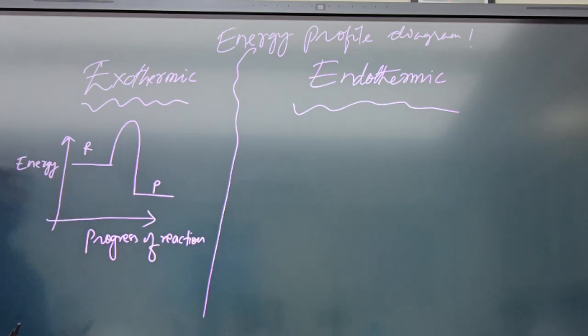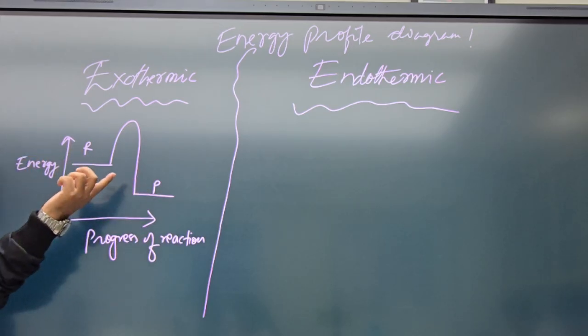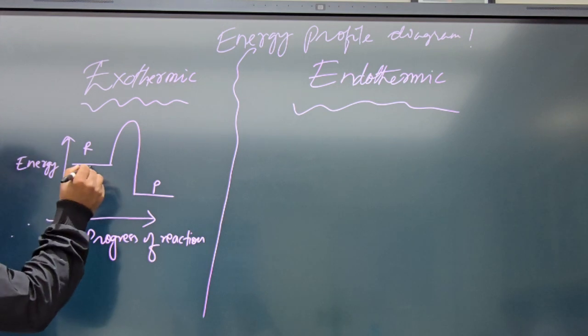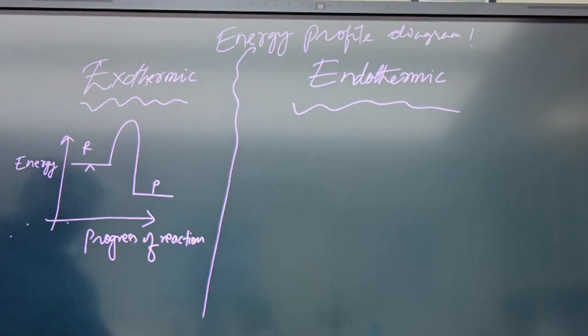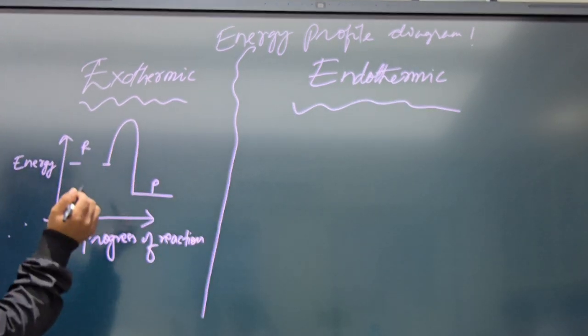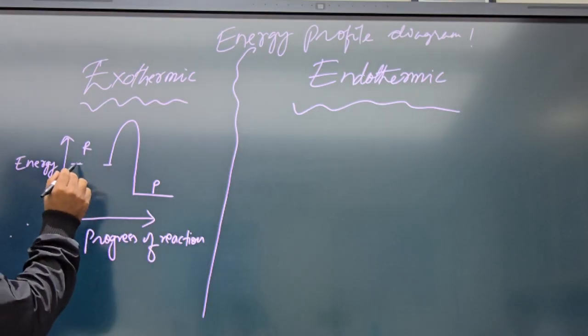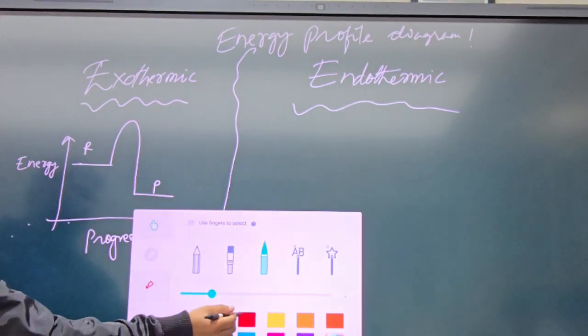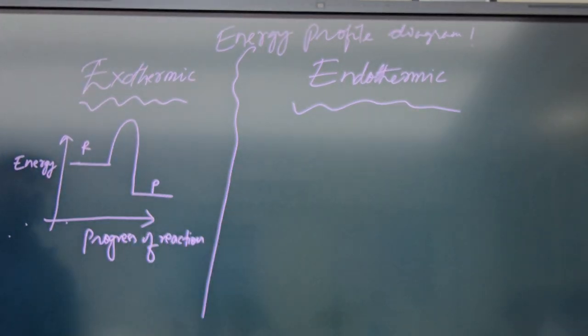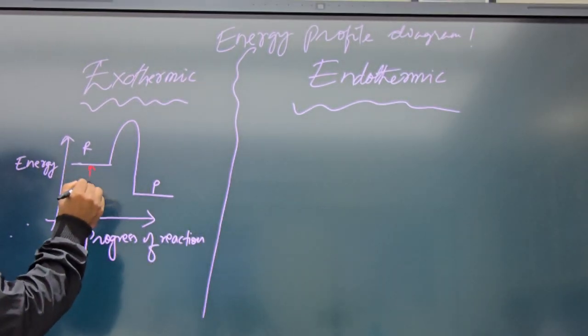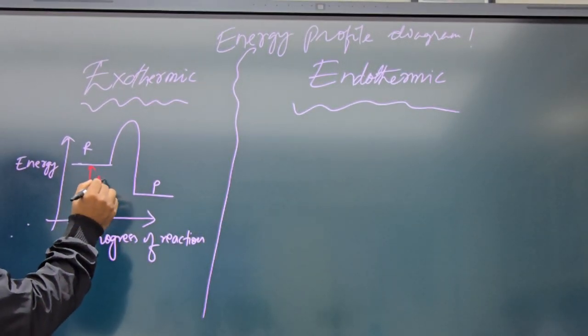You can see the potential energy from here to here is bigger and this is smaller. Yes or no? So you can see this is the difference you will get. Let me use another color so that it is understood. This change is known as delta H, the enthalpy change.